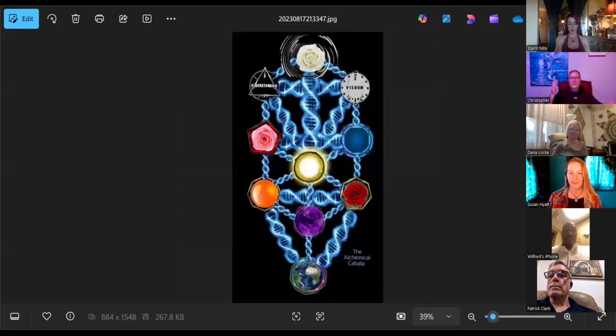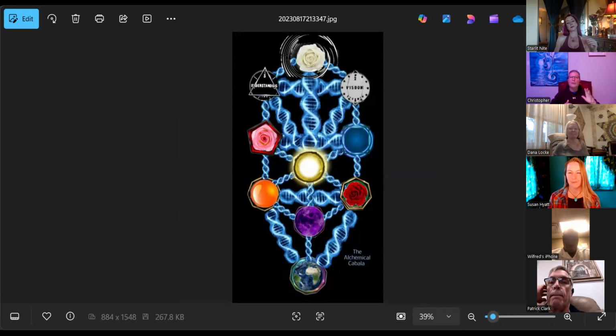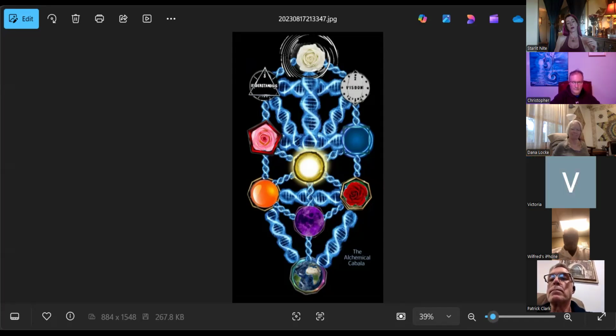All right, so here's one image of the tree of life. Anybody, just unmute yourselves and tell me what stands out to you that's different regarding the middle pillar versus the left and the right, or mercy and severity. There's four Sephiroth in the middle.